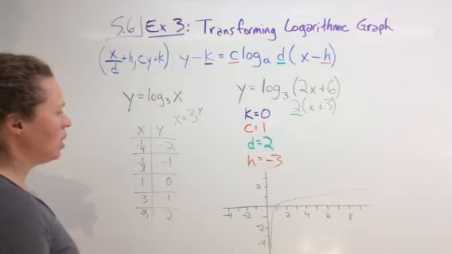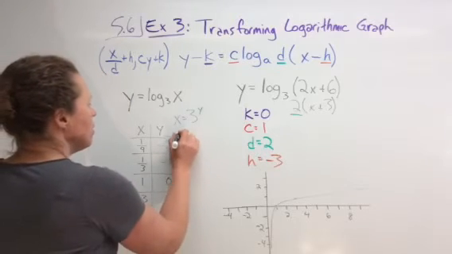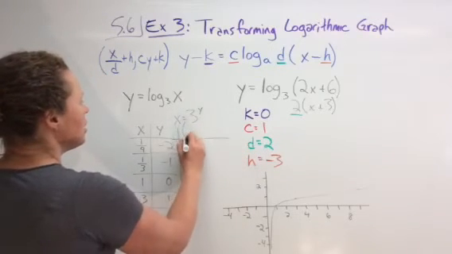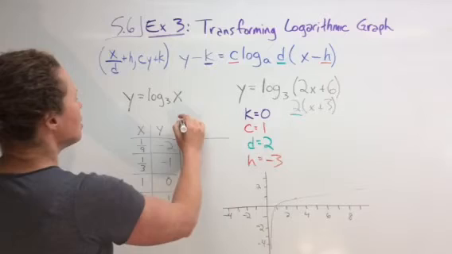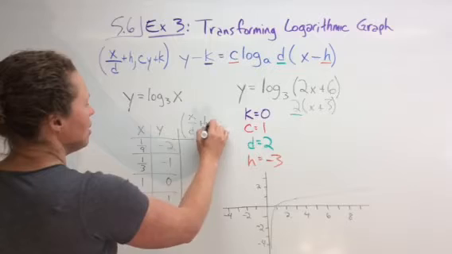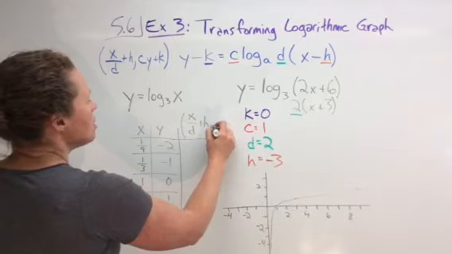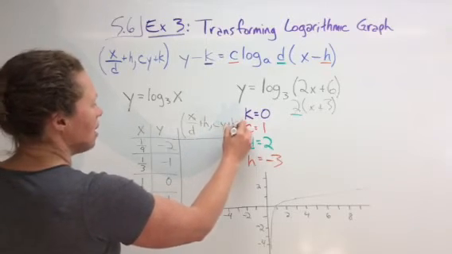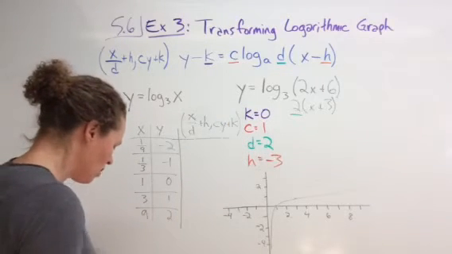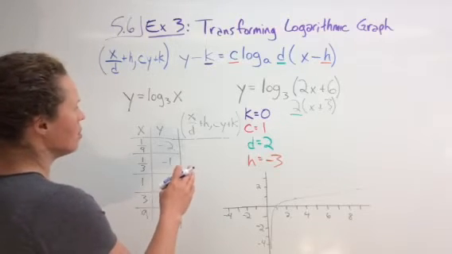Right, so to find our new set of data points, we can make a new line on here. We're going to have to go x over d plus h, sorry about the marker, c times y plus k, close bracket. With the values that we have here, I'm just going to go over it all in blue and put in the numbers.